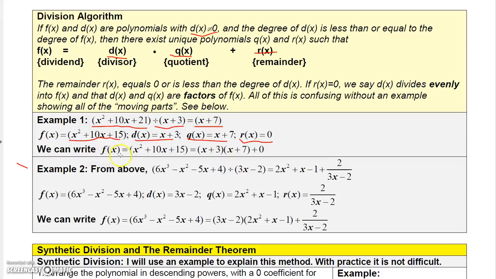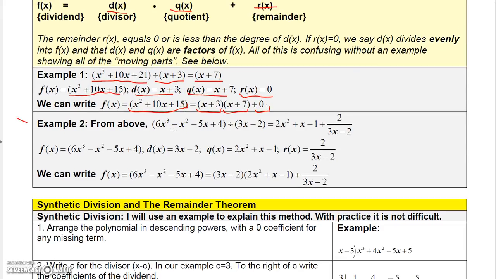So that means that we can write this polynomial, let's say it in the right order here, as the divisor, x plus 3, times the quotient plus the remainder. Okay, now let's look at one that doesn't work exactly right.